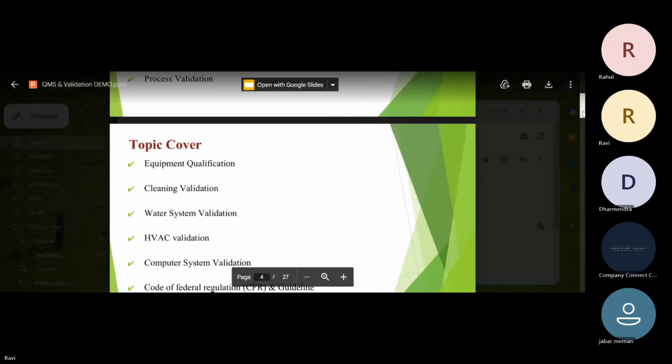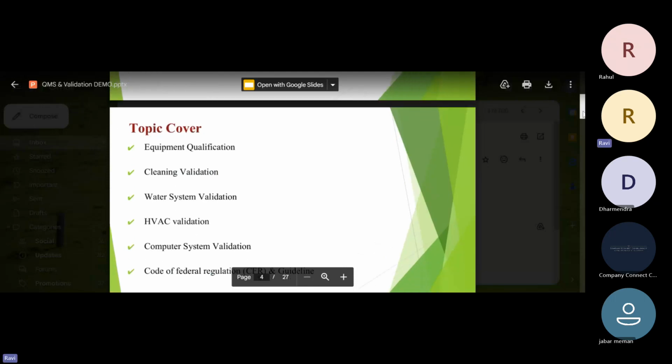Next is cleaning validation. Cleaning validation is a documented evidence which provides a high degree of assurance that whatever cleaning procedure we are using in equipment cleaning is safe and can effectively remove the residues or bioburden from the equipment.